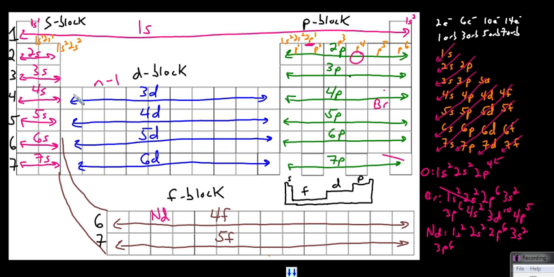Then the 4s2. Then the 3d10. Wow, there's so much. Then the 4p6. Then it's 5s2, 4d10, and 5p6. Then after the 5p6, we do the 6s2.